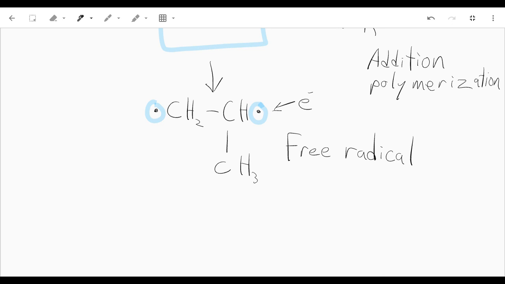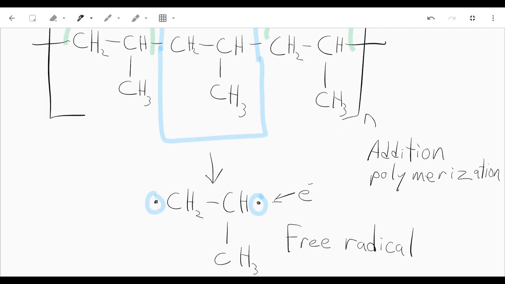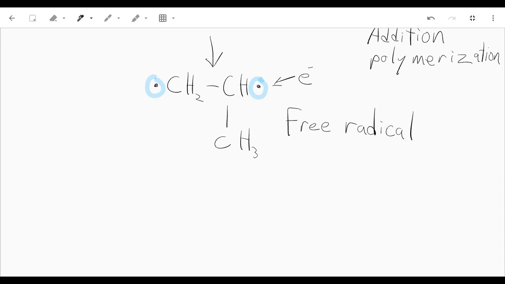So the free radical is actually a transition stage in the process of addition reaction, or addition polymerization, or really any addition reaction. So when we draw this diagram out, we're actually reversing the reaction. So we know that it had to have formed from this free radical.